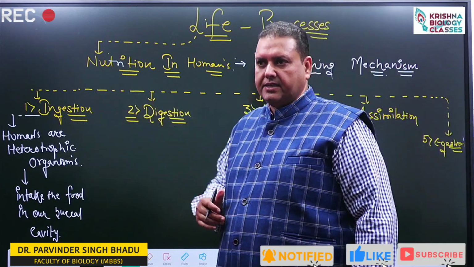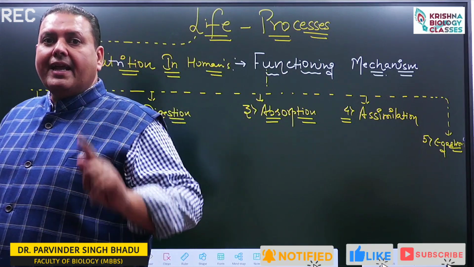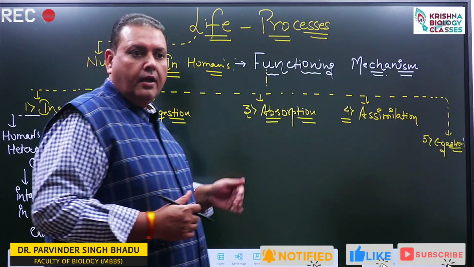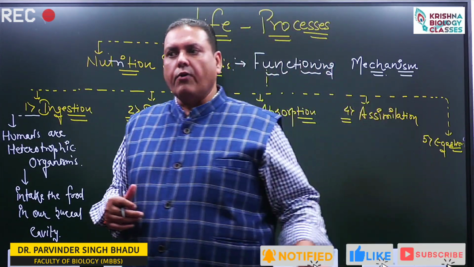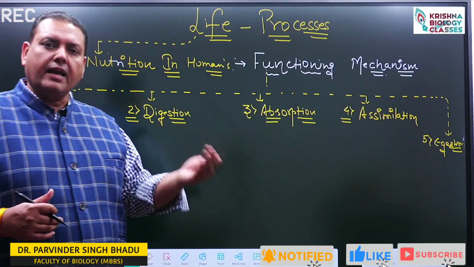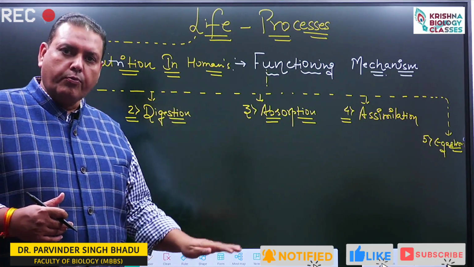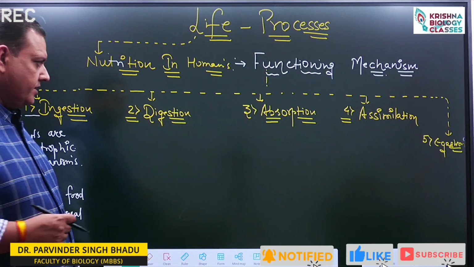Now what exactly is digestion? Breaking down of food particles. Generally they are solid in nature, but we break them down up to the soluble form with the help of physical processes and chemical processes. The process of breaking down of food particles up to the soluble form is named as digestion.